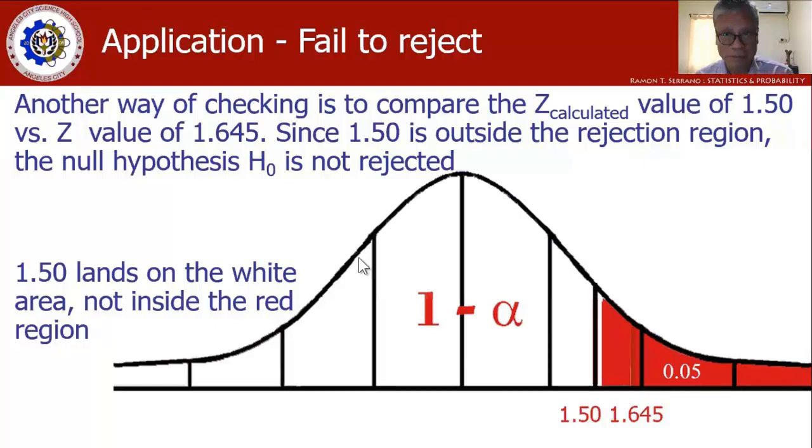Your calculated is 1.5, but the tabular value is 1.645 for a 0.05 alpha. If the 1.5 is on the left side of 1.645, therefore it's on the white area. And because this red area is your rejection region, it does not fall within the rejection region, and therefore you don't reject. At 0.05, I'm talking about alpha equals to 0.05.